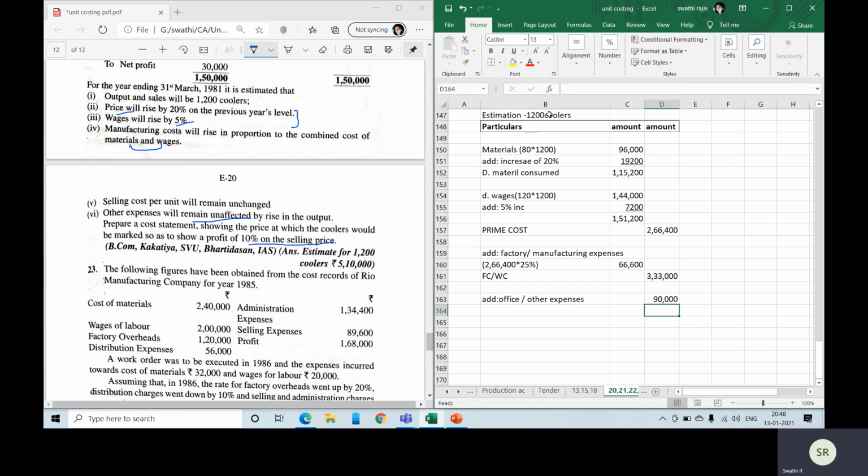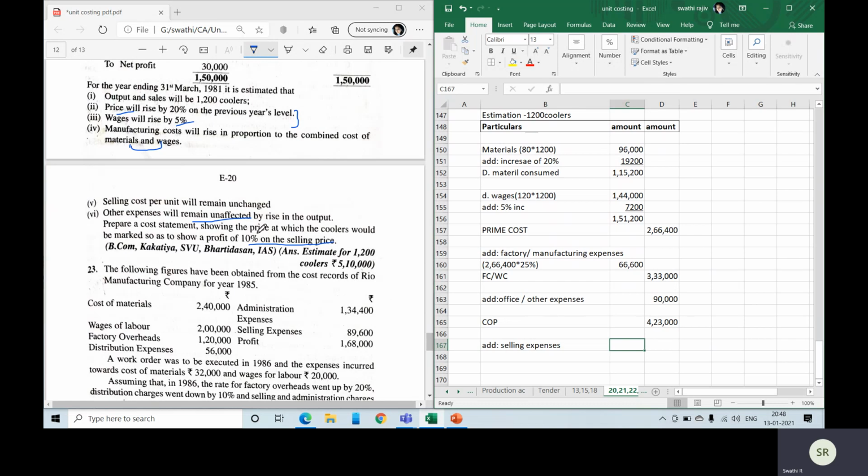Even if you're producing 1200, 1300, these expenditures are going to be the same as what the question says. So we do as they say. Cost of production is going to be 4,23,000.